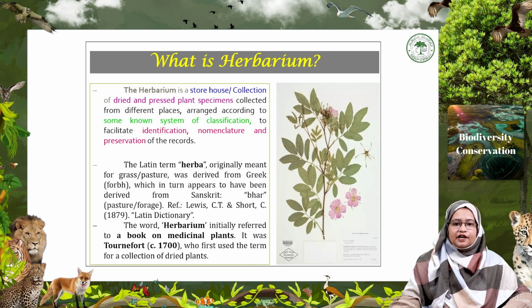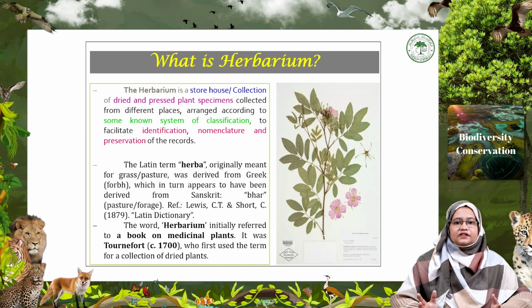The term herbarium was originally used for books on medicinal plants, but Tournefort, around the 1700s, applied it to a collection of dried plants. This shift was pivotal in how we document plant diversity. The term herba originally meant grass or pasture, derived from the Greek, which means fodder, which in turn appears to have been derived from the Sanskrit word bhar, which also means pasture or forest, as referenced by the Lewis and Short Latin dictionary.